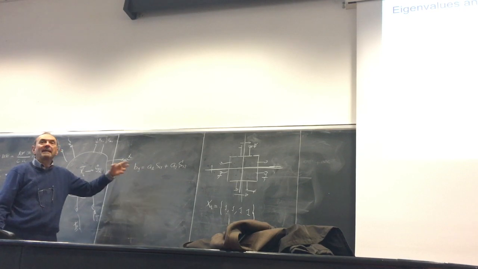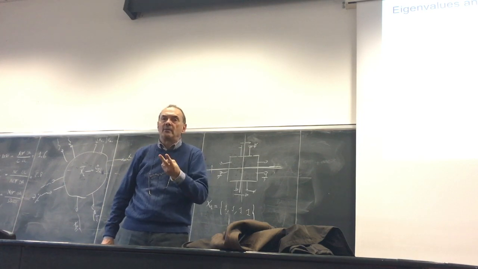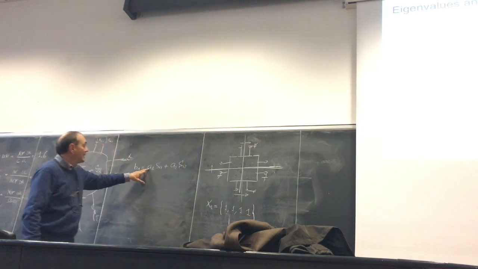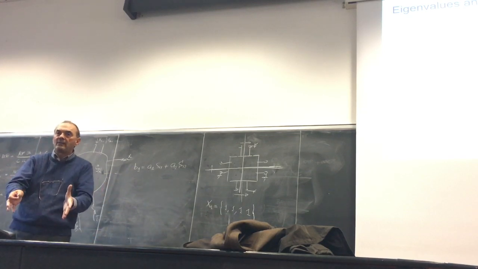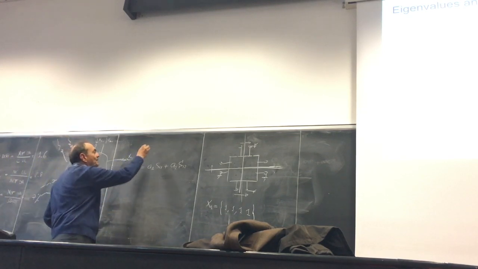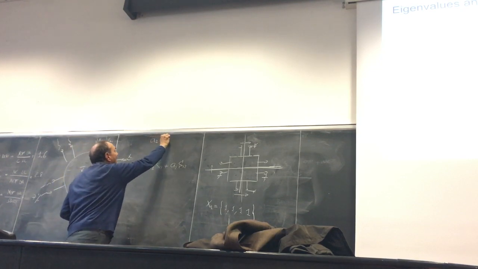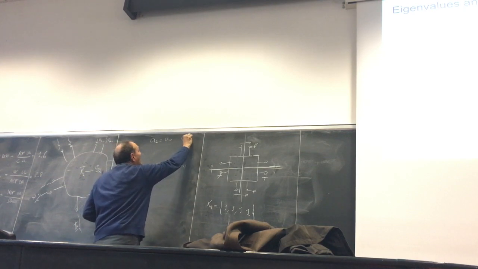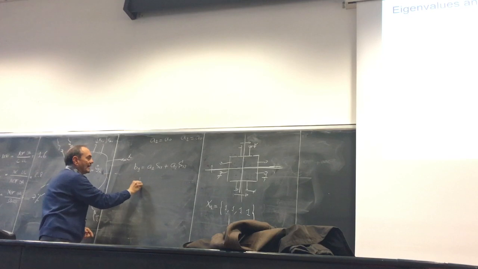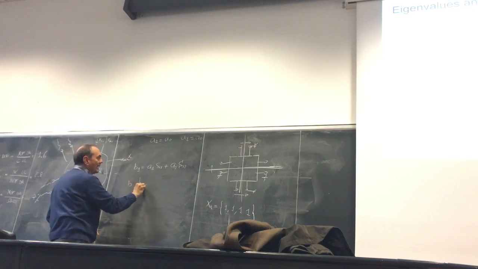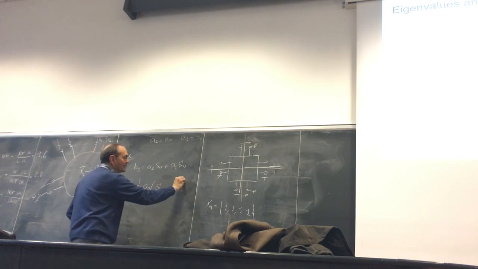When I am exciting my network, in this case a two-port network, with an eigenvector, I can replace A1 and A2 with the values corresponding to the eigenvector elements. Let's suppose that the first eigenvector is A1 equal A0 and A2 equal A0, equal in phase. Then I get B equal A0 times S11 plus S12.